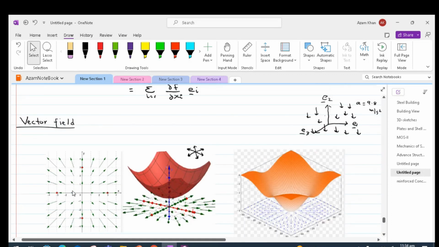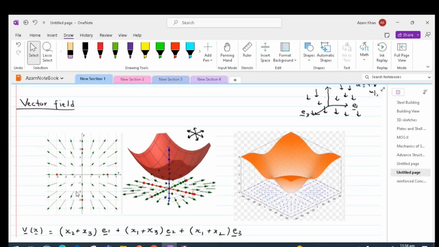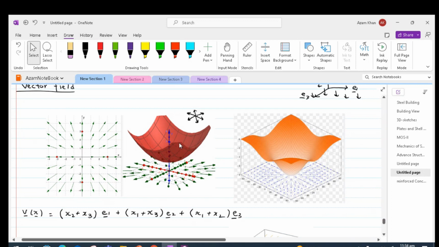Now let us discuss the vector field describing a gradient of a surface. Imagine we have this red surface. The equation of this surface would be f of x1, x2 equal to constant. We draw it in a 3D Cartesian system. Now we want to find the vector field corresponding to this surface.